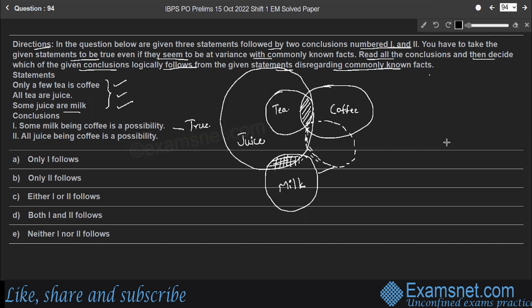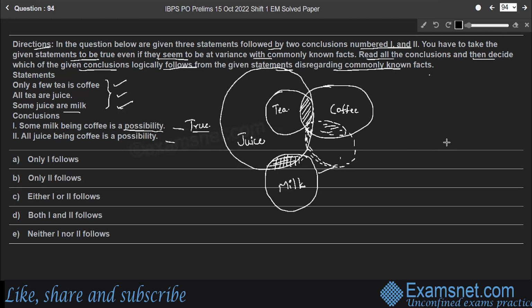Therefore, some juice are milk. So according to the statement, some milk being coffee, this portion, is a possibility. Therefore, it is a true conclusion. Whenever there is the word possibility, this possibility can always be true, right? Therefore, some milk being coffee is a possibility, a true conclusion.